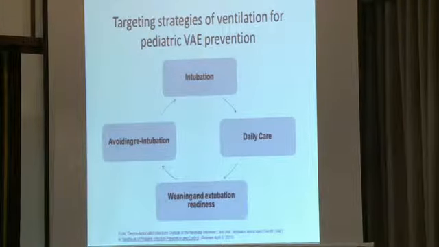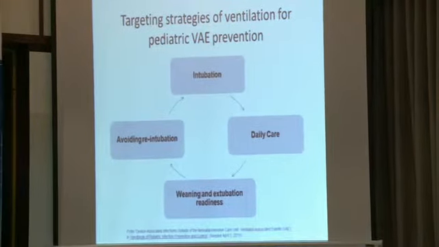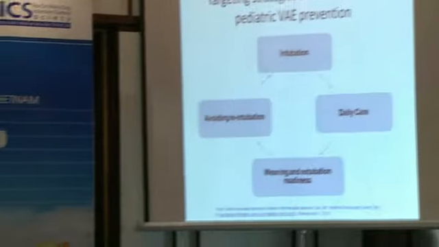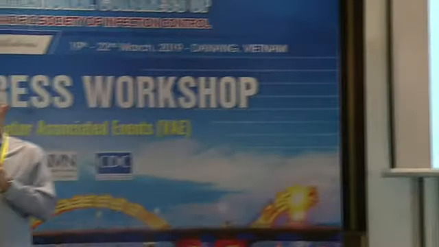But once you get intubated, there is daily care that we give every day to patients on ventilators. And if you do that daily care in a certain way, which we'll talk about, you can prevent VAE or lower your VAE rate. And then every day you want to talk about can the patient come off the ventilator yet? And when will they be ready to be extubated?